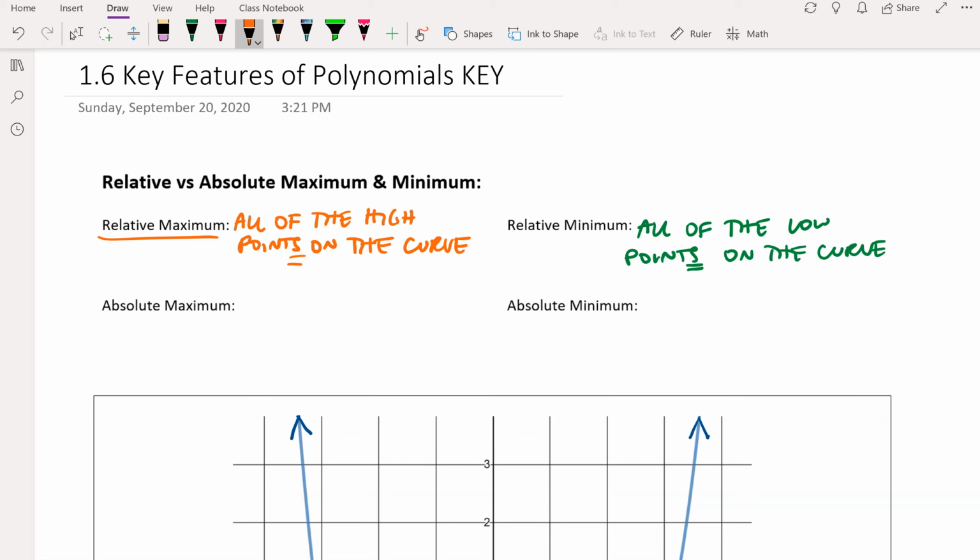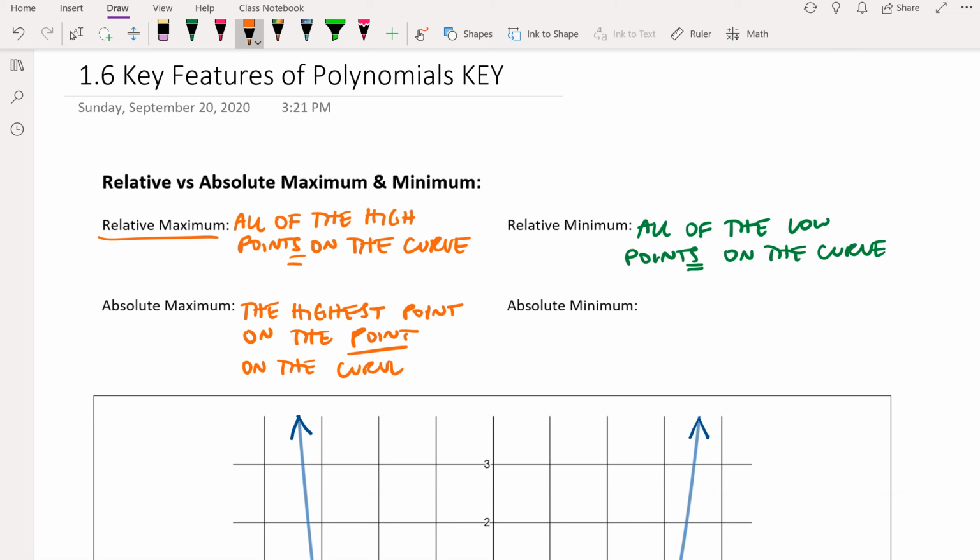The absolute maximum is the highest point on the curve. And that means there's only one. The highest point, only one on the curve.